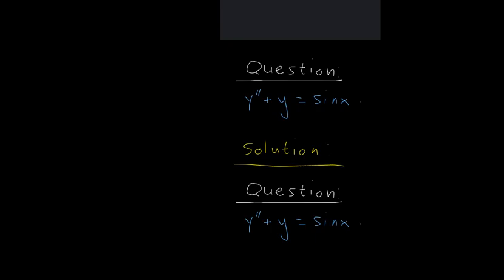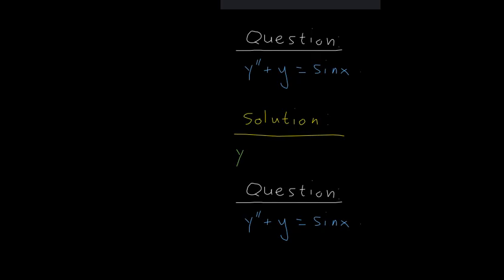Since it's a second order linear differential equation, we're going to set this to y double prime plus y equals 0. We treat it as a homogeneous equation first. The homogeneous equation means you set it to 0.